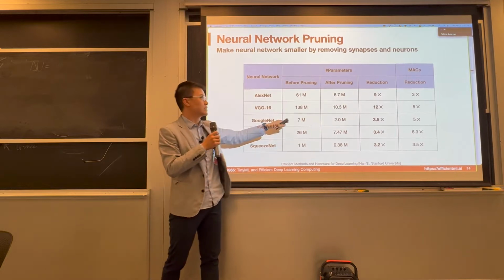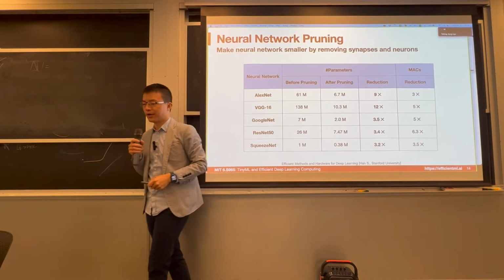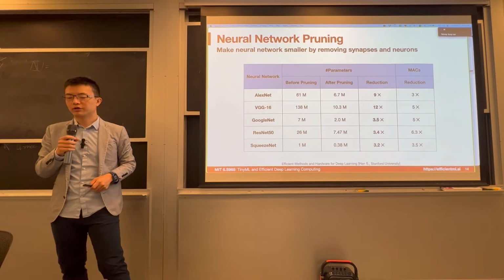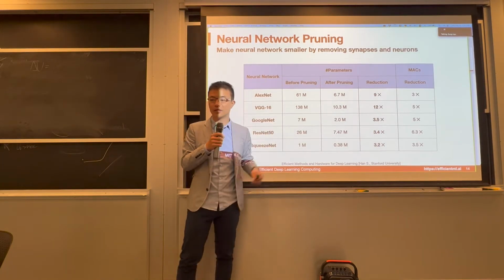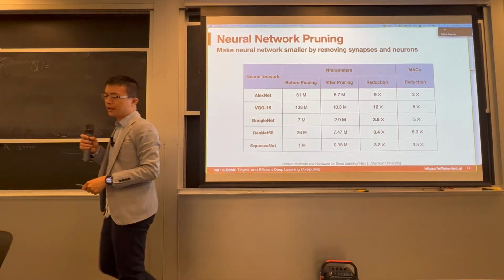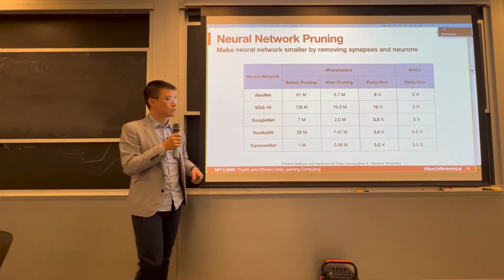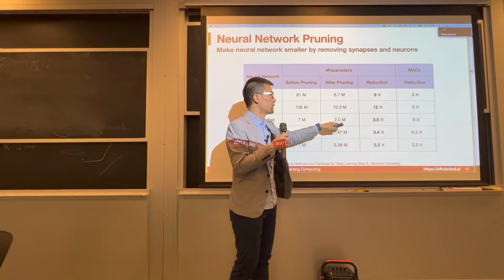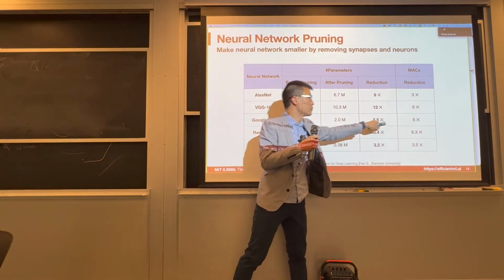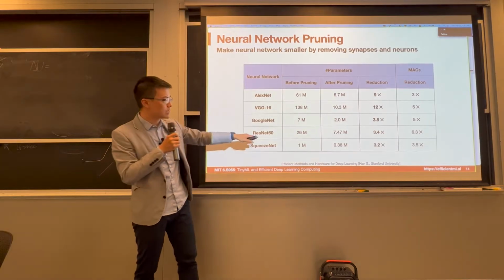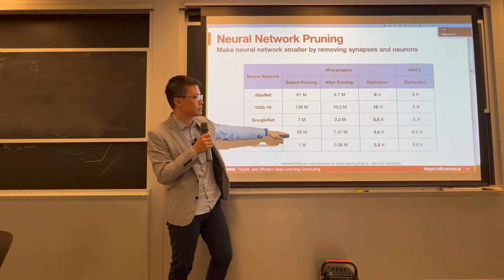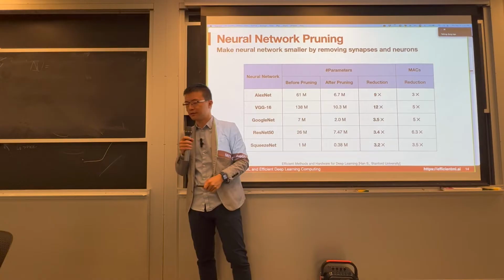It has 7 million parameters. Even multiplied by 4 bytes per weight, if you use 32-bit floating point, that's only 28 megabytes. After pruning, it becomes only 2 megabytes, about 3.5x reduction. And ResNet, very popular, 26 million parameters, about 3x reduction.